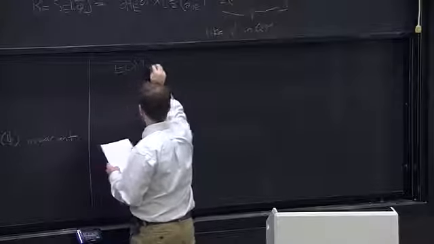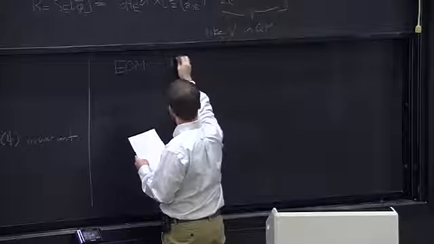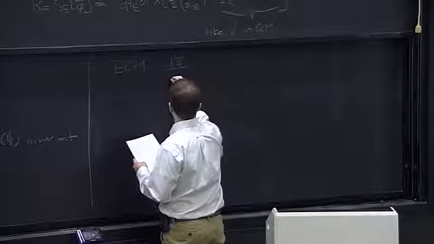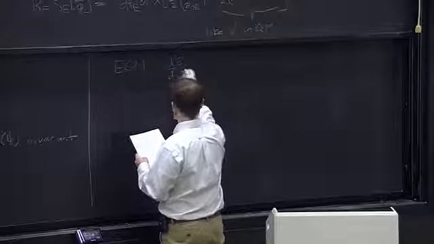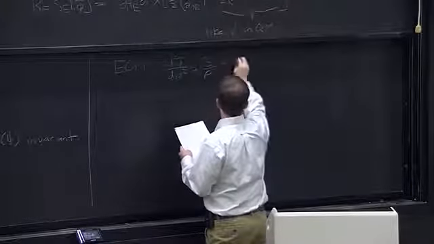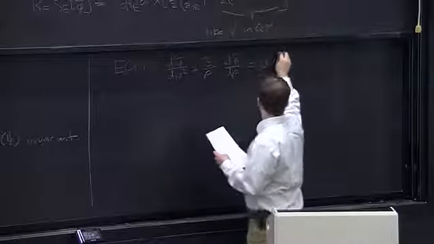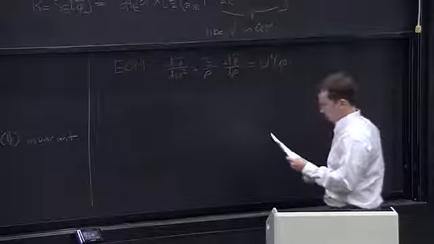And the equations of motion then become d squared phi d rho squared plus 3 over rho d phi d rho equals U prime of phi.